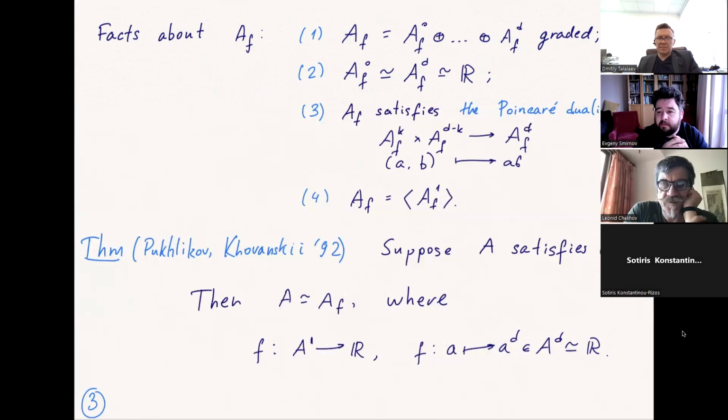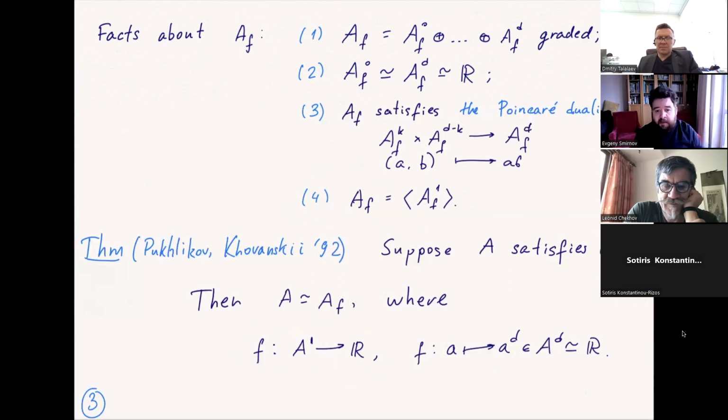Yeah. So this property number 4, is it for any polynomial or for some special? No. I mean that you can write down this explicit polynomial.